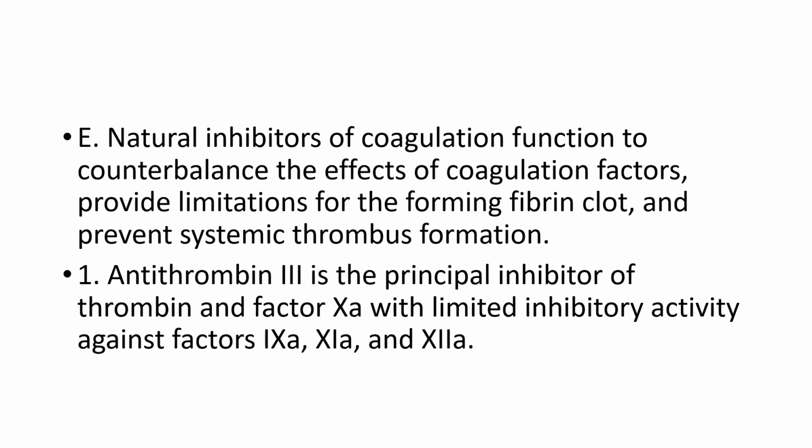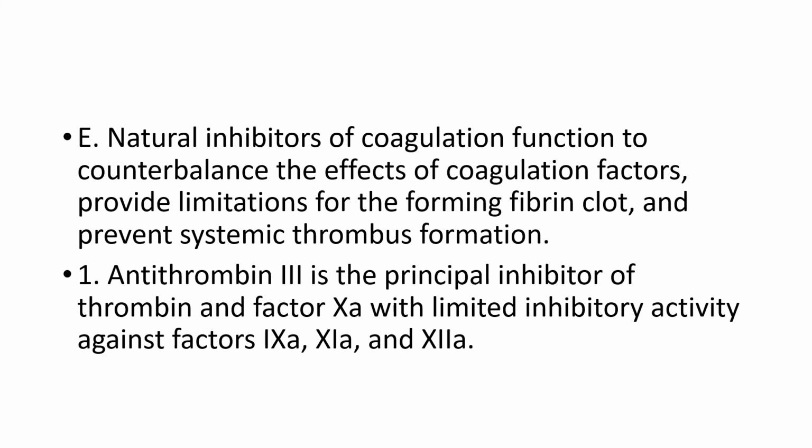So as I have mentioned, there should be inhibition of coagulation as well, because if the blood clot stays for a long time in the systemic circulation or peripheral circulation, it can form a thrombus. So we have inhibitors like antithrombin 3, which is the principal inhibitor of thrombin and factor 10A.